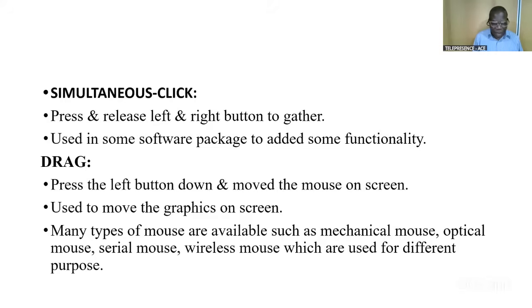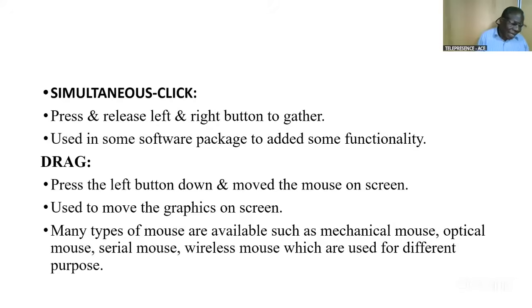Many types of mouse are available, such as mechanical mouse, optical mouse, serial mouse, wireless mouse, which are used for different purposes.